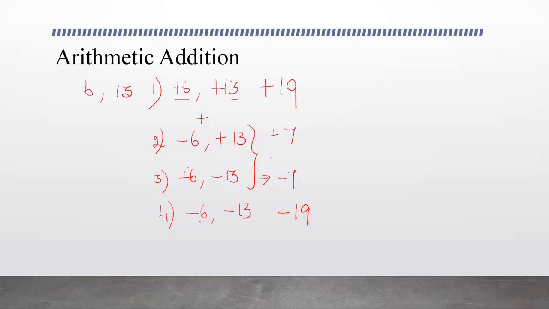So the negative numbers must be in 2's complement form. And when we get the result, if the nth bit is 1, it denotes a negative number, and if the nth bit is 0, that means the number is positive. So if the nth bit is 1, the number is negative, that means it is in 2's complement form.